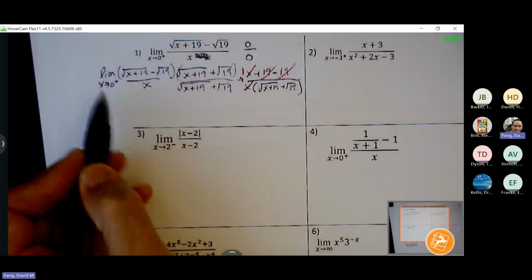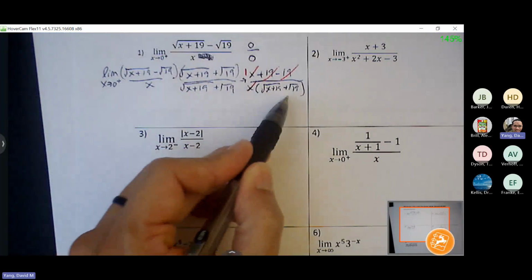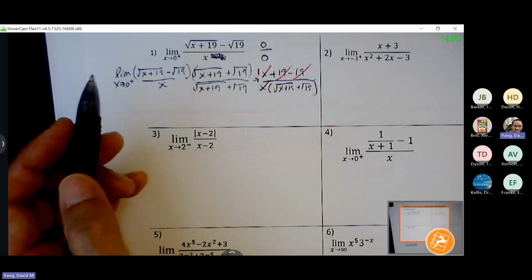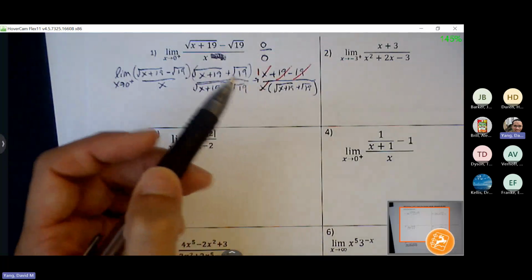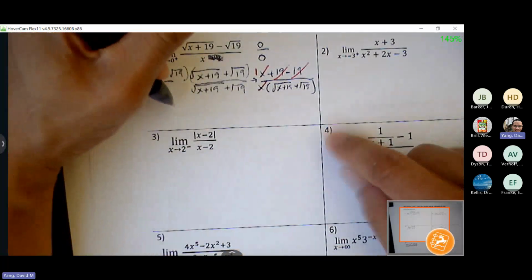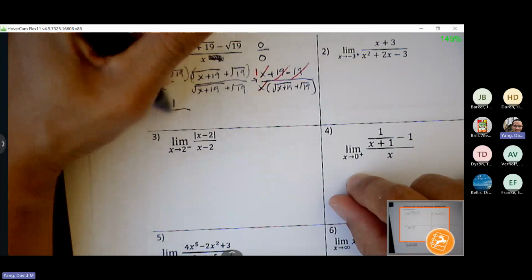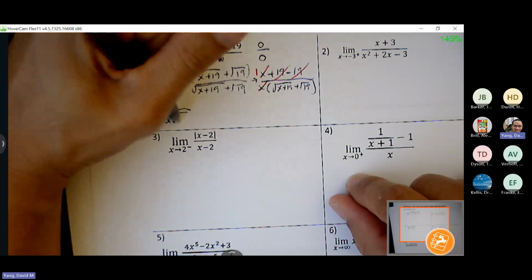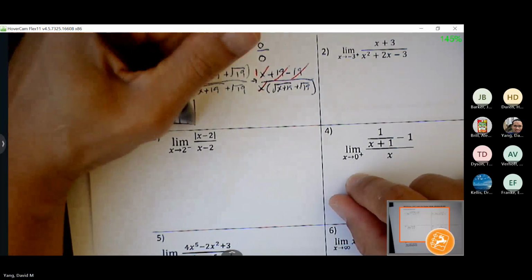And now final step, reevaluate our limit, replace 0 into our remaining x's. So we get root 19 plus root 19, which is 2 root 19, but that's in the denominator, so we don't want to make it just 2 root 19 as our answer. It's 1 over 2 root 19.